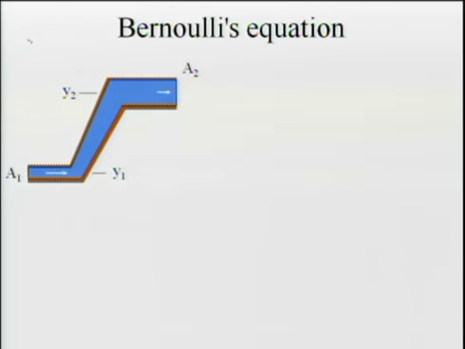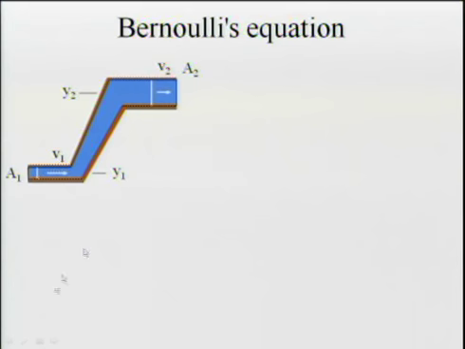Now think that this pipe has various diameters, and it goes through various heights. This pipe is higher than this one, and this pipe has a smaller diameter than this one. But water flows through that.